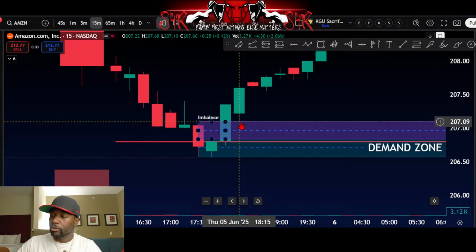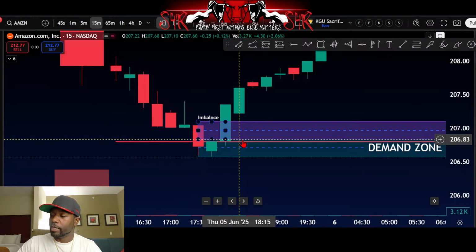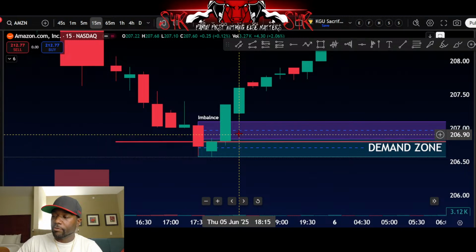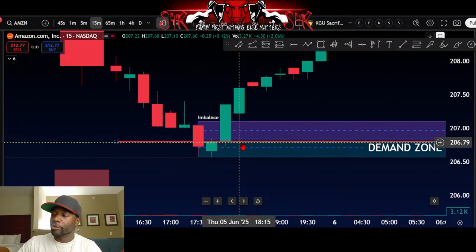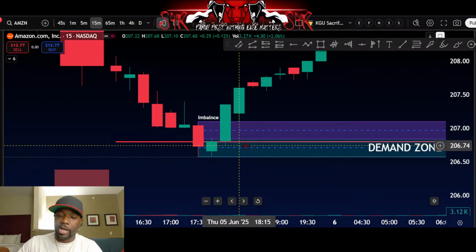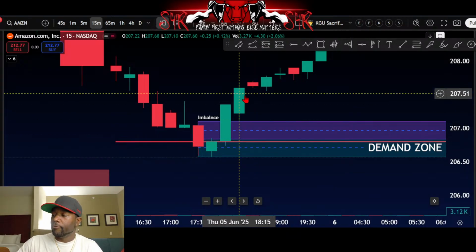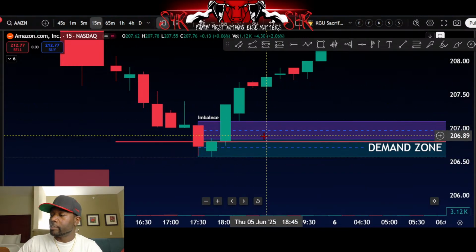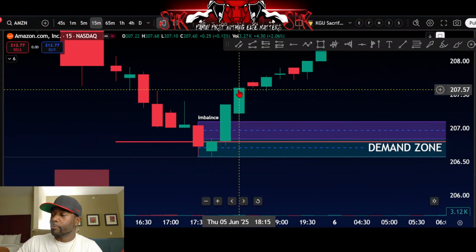But I know that if we eat through this candle, so we feel the imbalance, it might not be safe, but I am paying attention to volume as we approach the demand zone to determine whether or not I want to get out. If we retrace, you can take your profit here.